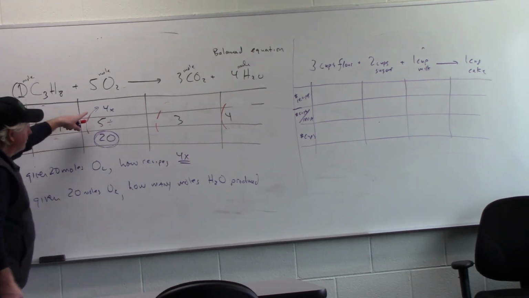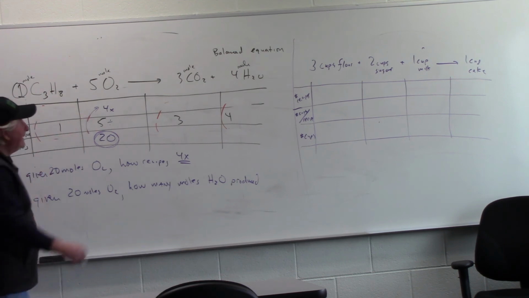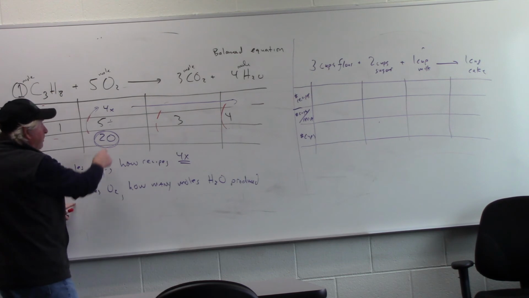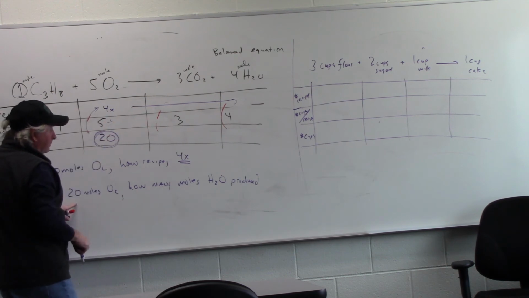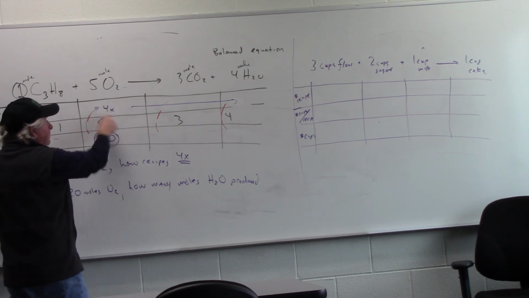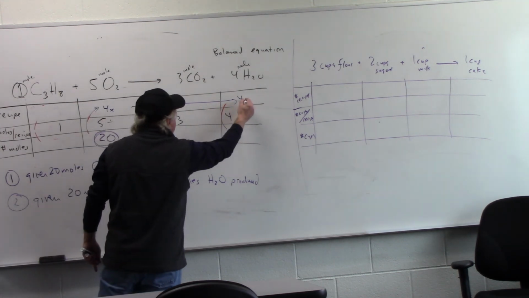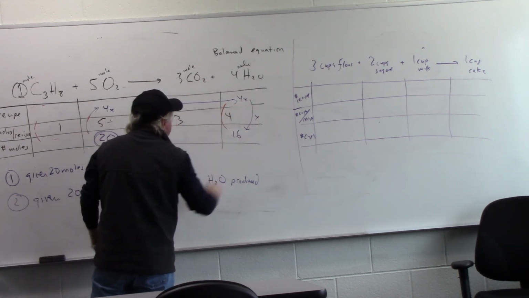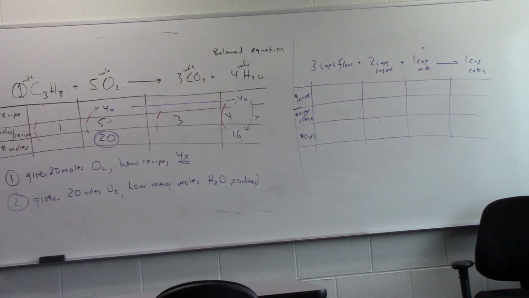Now this one asks if I have 20 moles, how many moles of water will I produce? Well, I do it 4 times. Each time I do it, I need 4, so I'm going to need 16 moles.